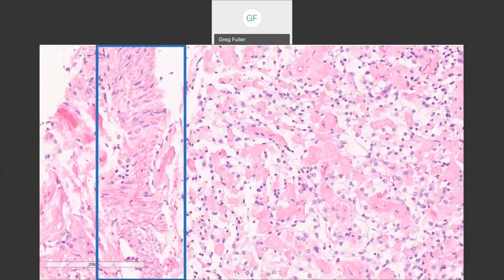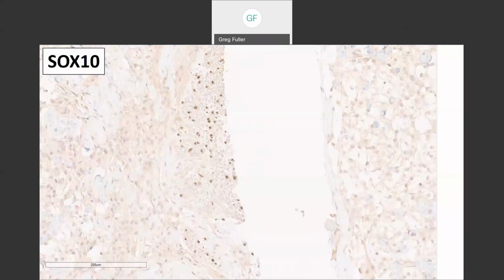All right, that's enough. Let's go to immuno for 2 additional hints. I'm giving you two additional immunostains. Here's the SOX10, the area that I just highlighted with the box. Look at how you have this prominent nuclear staining only in that area, not in the rest of the tumor. This is SOX10. Okay, again, we could create a differential diagnosis.